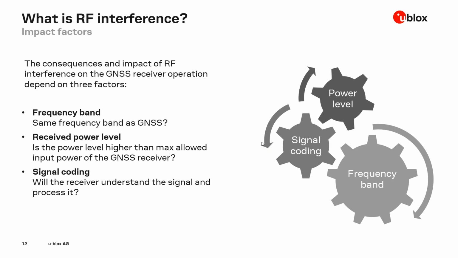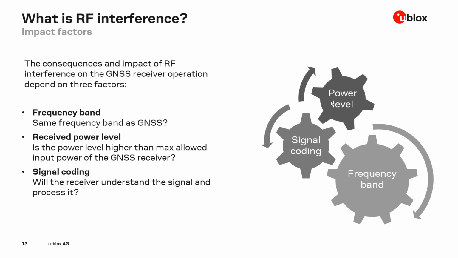So basically, there are three factors. There's the frequency band, so it very much depends if this RF interference is in the same frequency band or a similar one. We will go into detail then later on. There's also the received power level. Is it high?